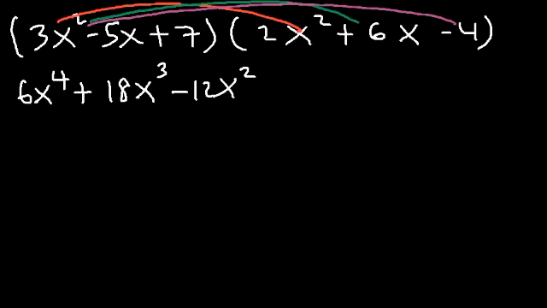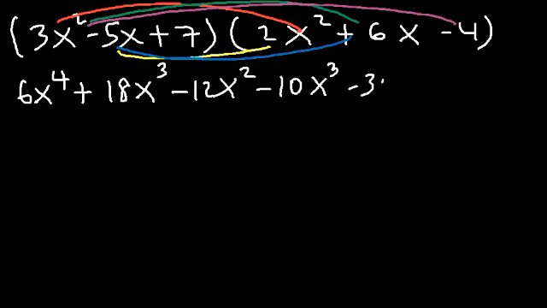Next we have negative 5x times 2x squared. That's negative 10x cubed, and then negative 5x times 6x. Wait, negative 5x times 6x is negative 30x squared.